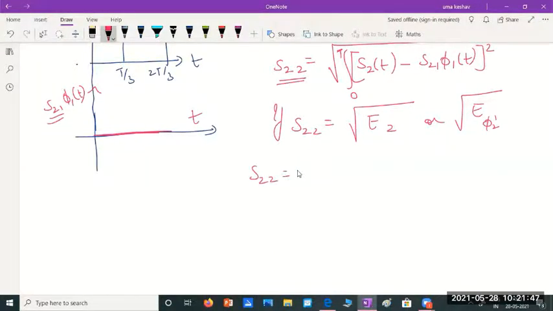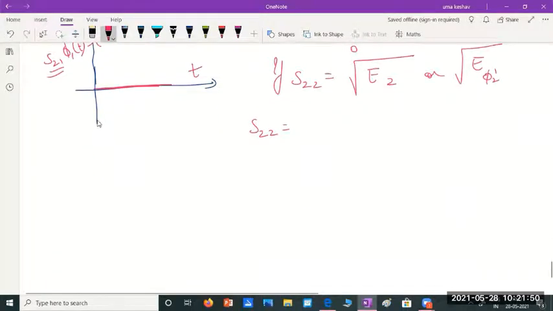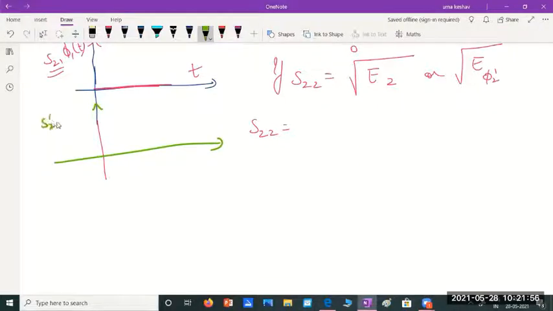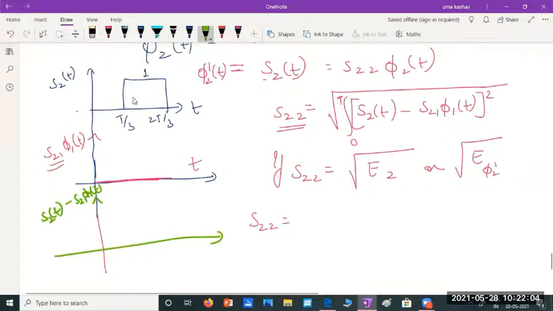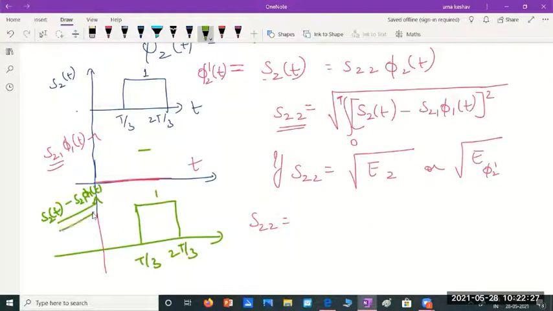Now, what did this turn out to be in this case? Which value am I interested in getting? S2 of t minus S21 phi1, which, as clearly seen, this one minus this, gives you S2 itself. Yes or no? I subtract the second one from the first one, S2 minus S21 phi1, so I'm getting this signal as it is.